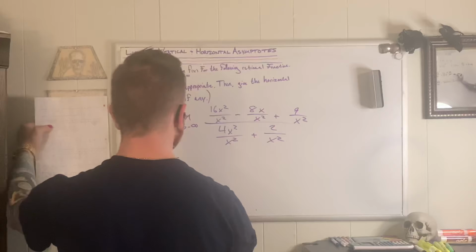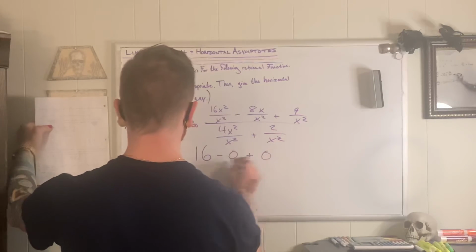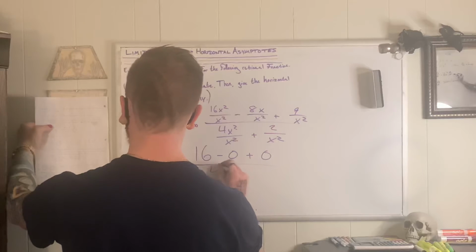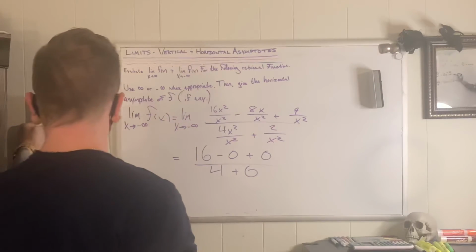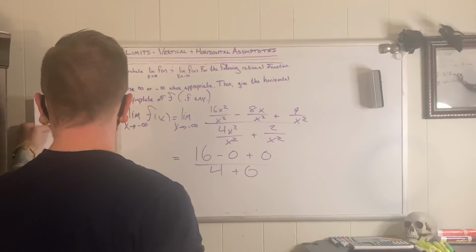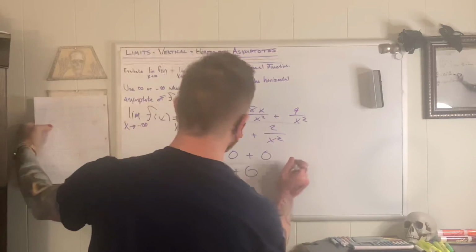This becomes 16 minus 0 plus 0 divided by 4 plus 0. So, for really small negative numbers, the limit as x approaches negative infinity of the function f of x is again equal to 4.